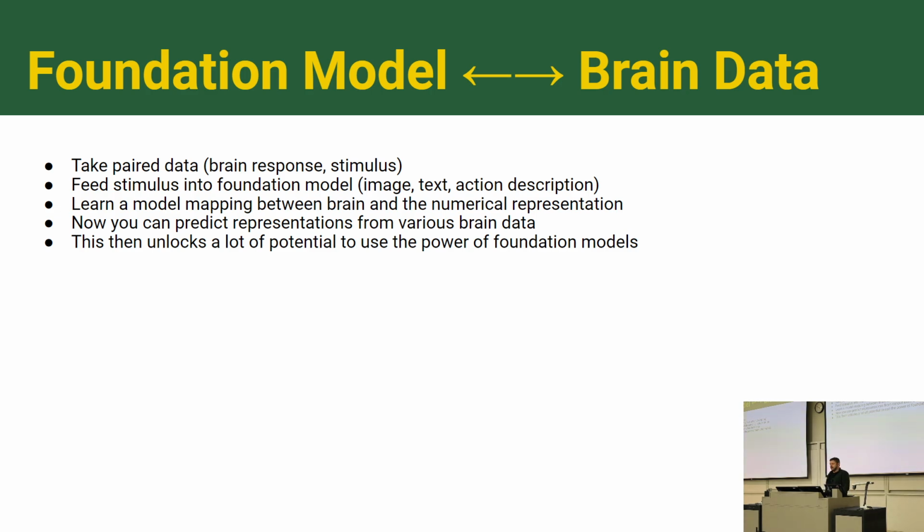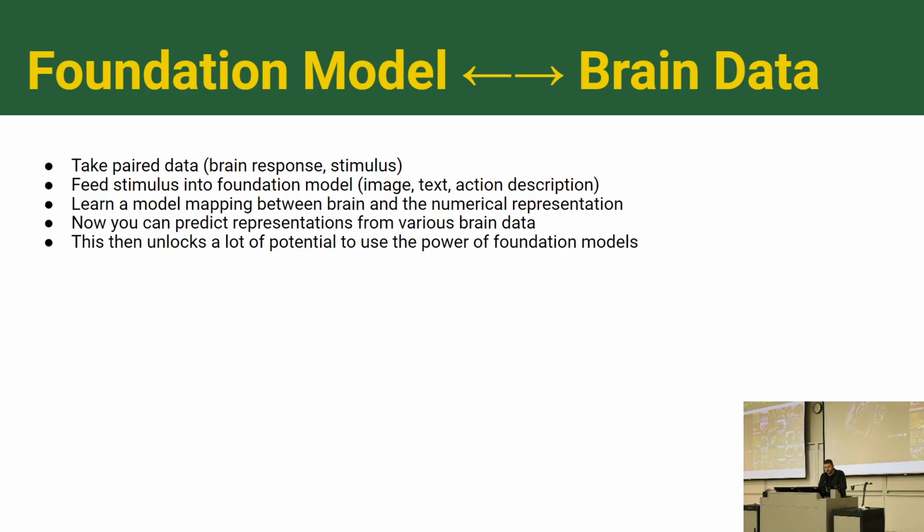And that idea is if you have a brain response to a stimulus, and that stimulus is, say, an image, and you can put the image through a foundation model, like a CLIP, like Harrison spoke about, then you get a very rich representation, and with limited brain data, you can learn a linear mapping that goes from brain data to predict what's going on in the representational space of the foundation model. And then you can take a ton of different images for which you don't have any brain data and put those into the same representational space and start to figure out a lot of really interesting things and discover new fine-grained concepts of what's going on in the brain.